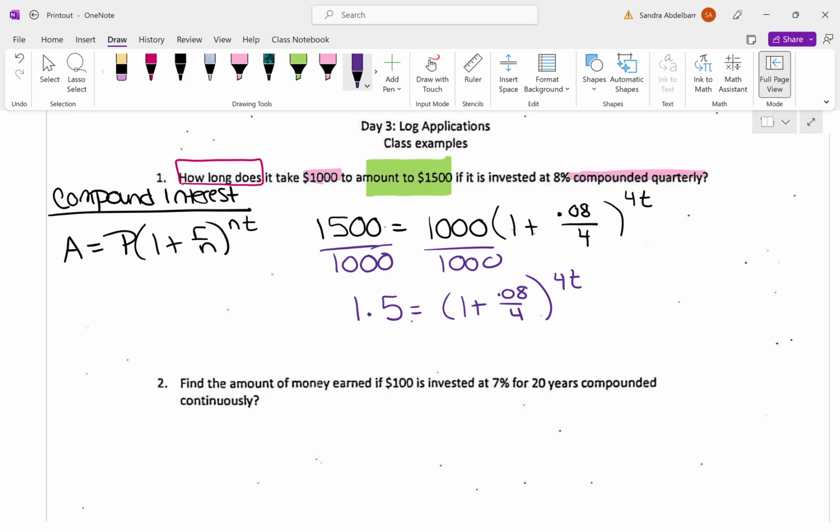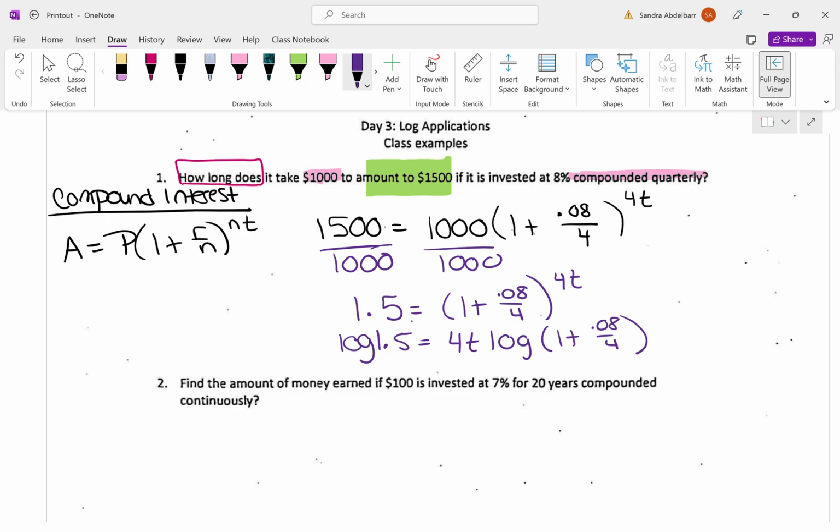Right, now we need to get that 4t out of the exponent. How do we get it out of the exponent? Logs on both sides. So now I'm going to have log 1.5 equals 4t log quantity of 1 plus 0.08 over 4. Can you just make that 1.1? That's what I said, you can absolutely simplify that down if you want.